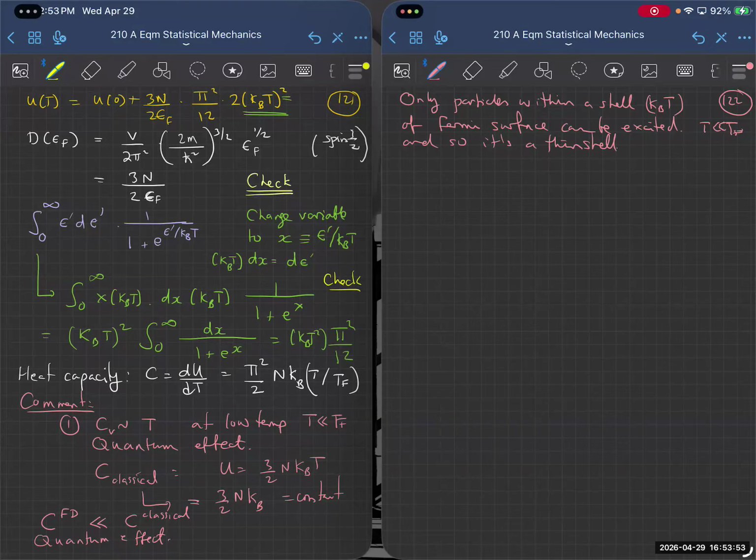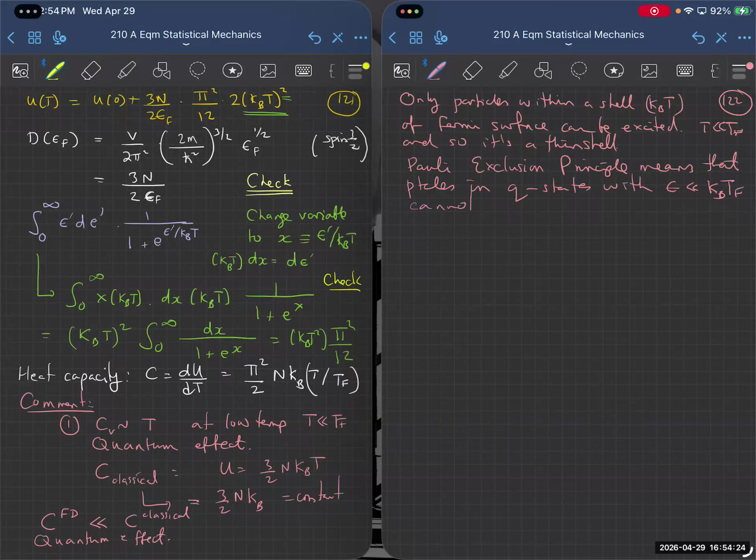And so basically, the Pauli exclusion principle means that particles in quantum states with energy much, much less than the Fermi energy cannot be excited into higher states.